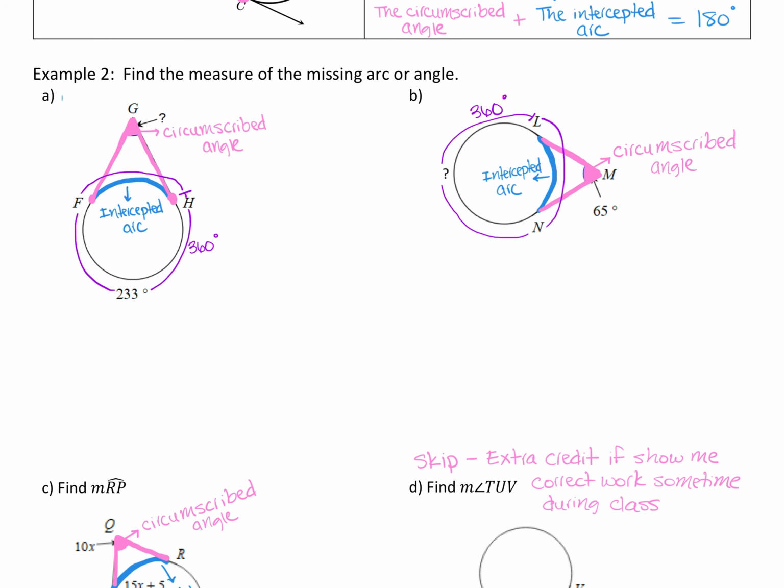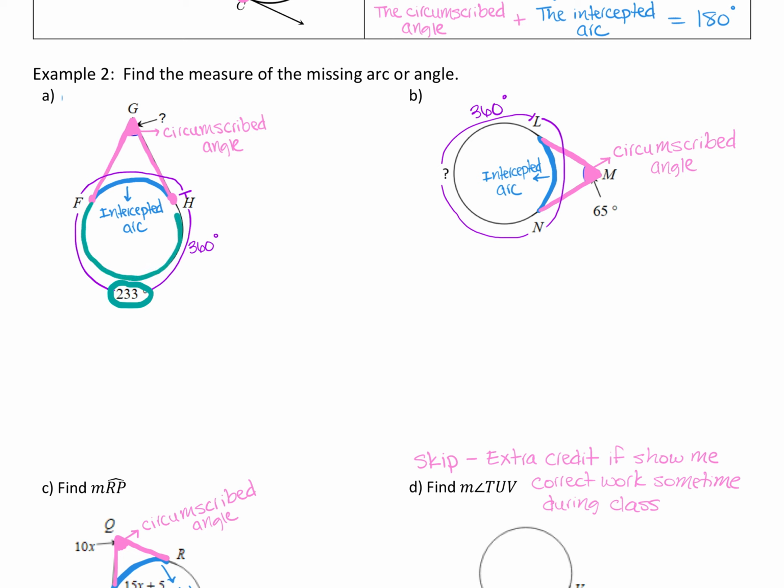For this example here, our circumscribed angle is what we're trying to find. The intercepted arc is this blue arc here, and we are told that the 233 degrees is this arc here.